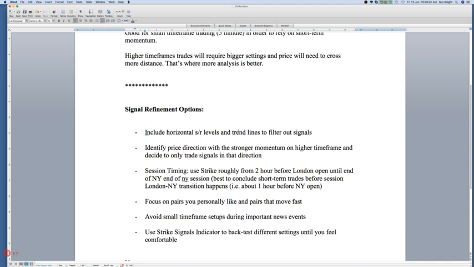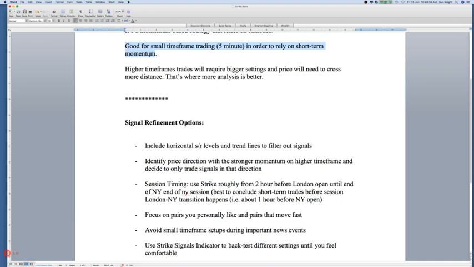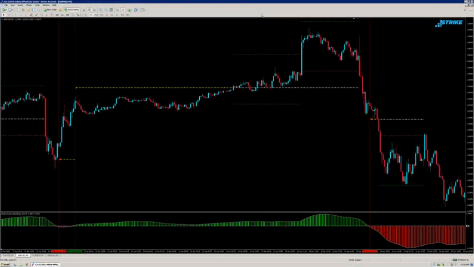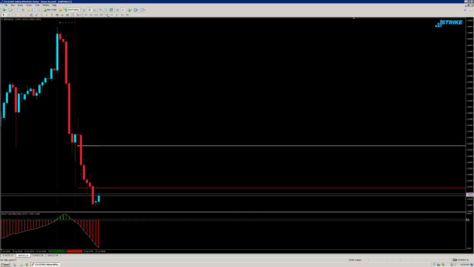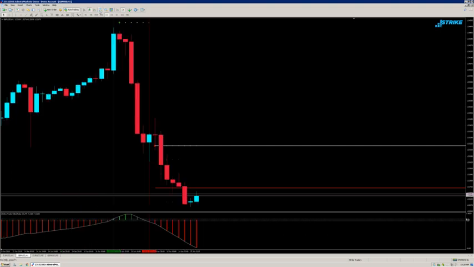So, okay, my first tip, which is actually already shown here, is that I would only use this for short-term signals myself. Because if you go to higher time frames, in order for price to create a signal, everything is obviously on a bigger scale. So your targets will be bigger, your stop loss will be bigger, your delayed entry will be bigger.